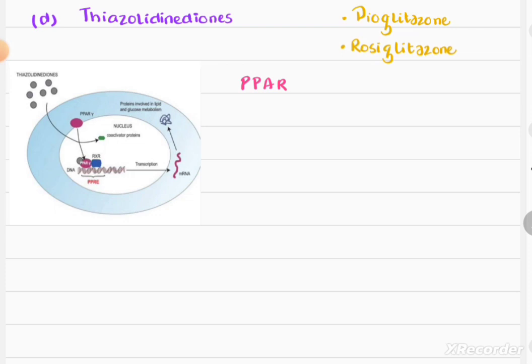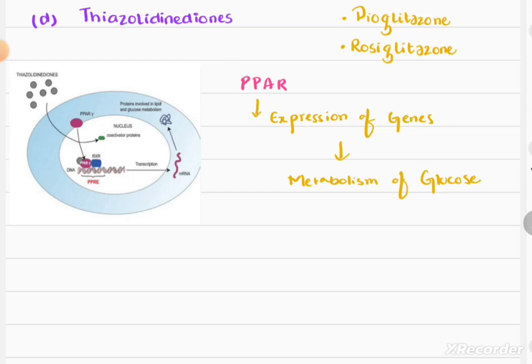And whenever this receptor is stimulated, it will increase the expression of genes. And these genes are responsible for the metabolism of glucose. So this is how they modulate the glucose concentrations in the body.